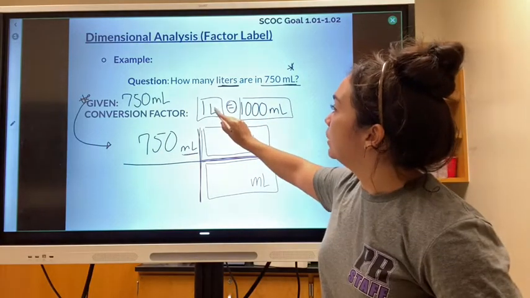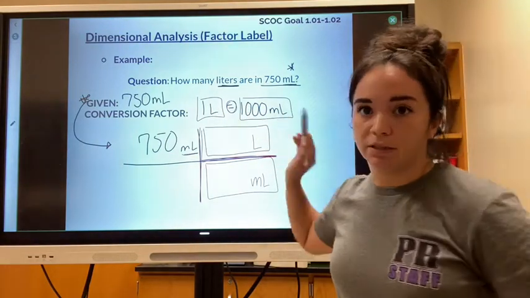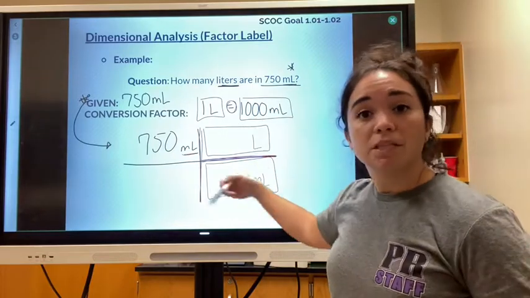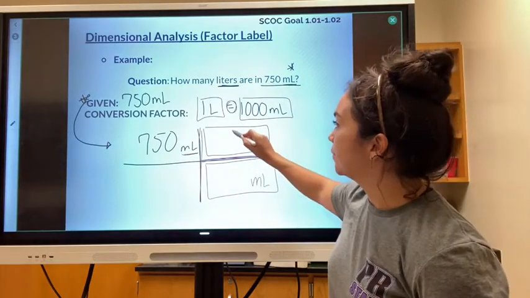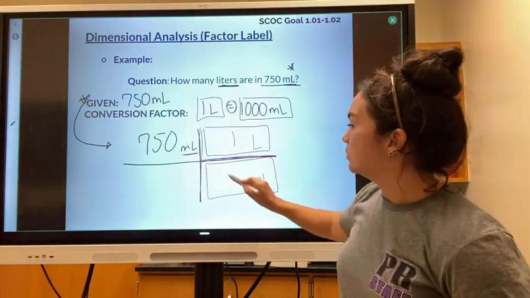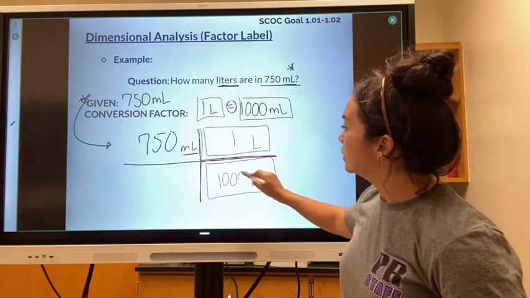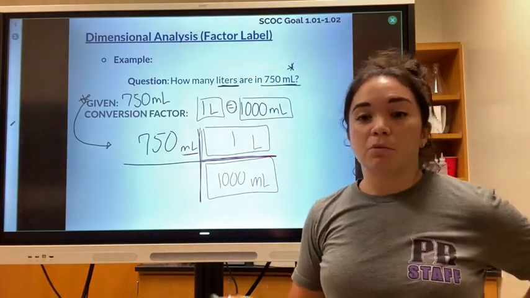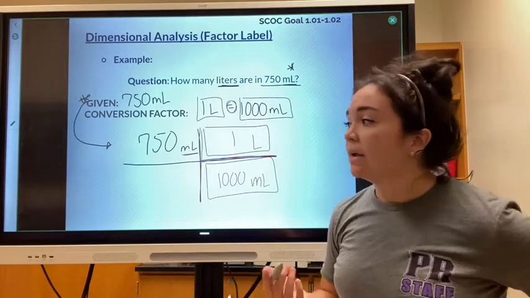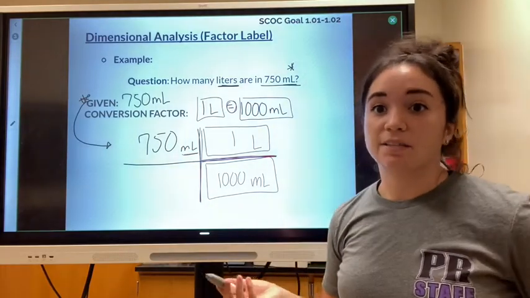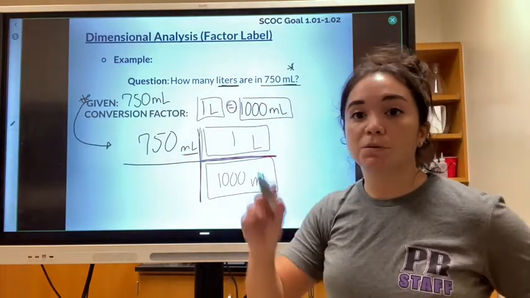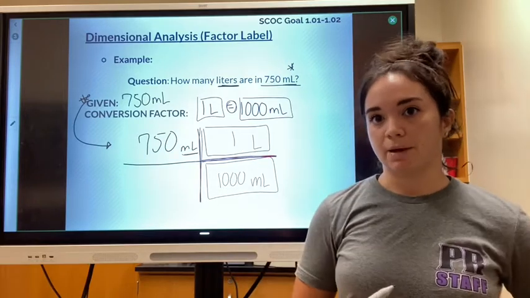Remember, the top is equal to the bottom, so we fill that in as 1 liter is equal to 1,000 milliliters. That would be our full T-chart setup. All we have to do after that is step 4, which is multiply across the top and divide by the bottom.